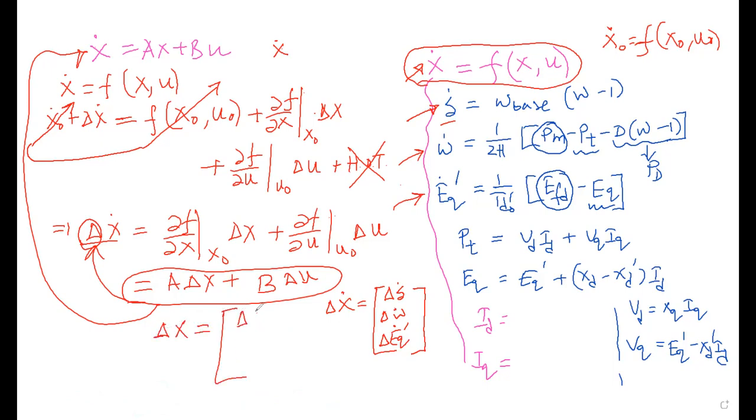Del x would be simply del delta, del omega, and del Eq prime. What would be del u? We have two inputs. The first one is PM, so we write del PM, and the second one would be del EFD. So these would be the variables that would now appear in our expressions, in the linearized version.